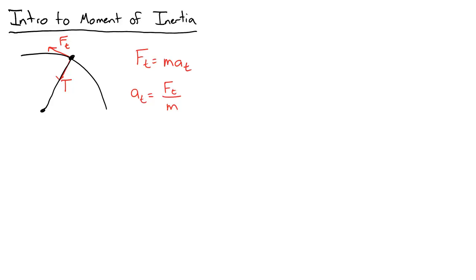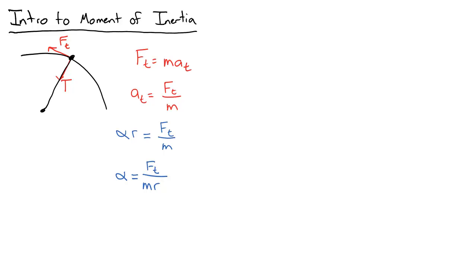So if I simplify what I have here, and I want to solve for the angular acceleration, I would have the angular acceleration equals that tangential force divided by the mass times the radius.